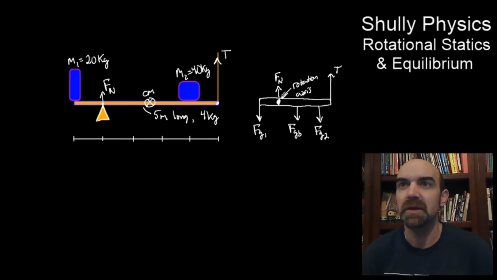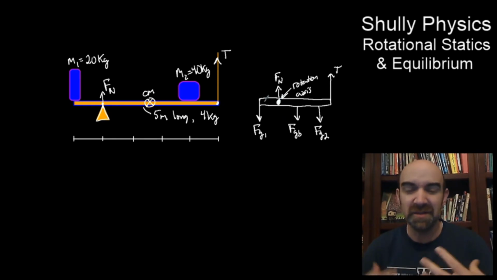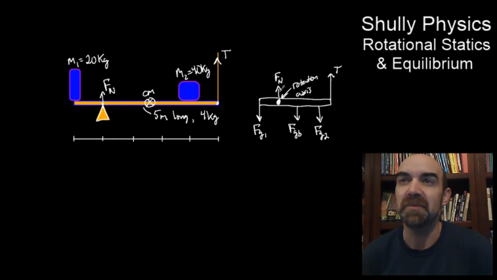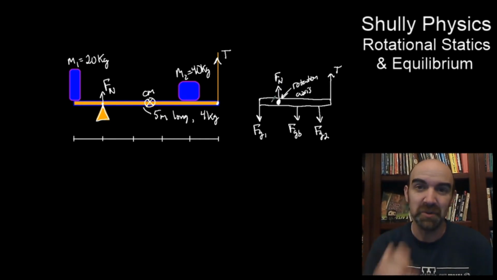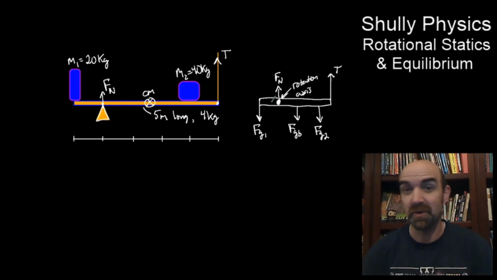Okay, so that's a rotation axis, and whenever you put that in, that just means that point is not going to be rotating. Any forces along that are going to apply 0 torque because there's a 0 torque arm. Whenever a rotation axis is given, that's your reference point.